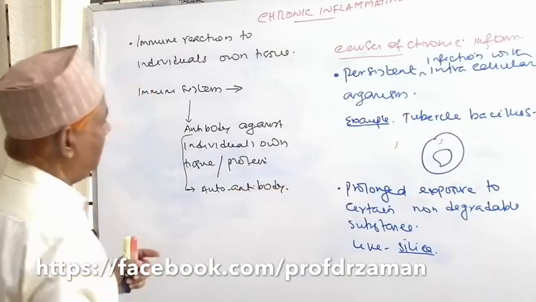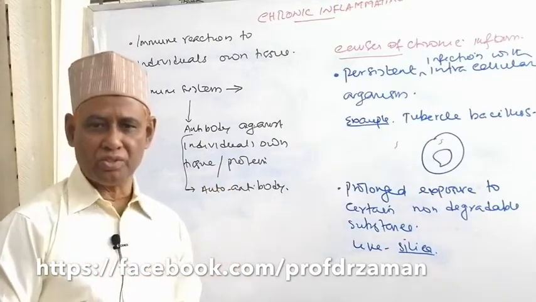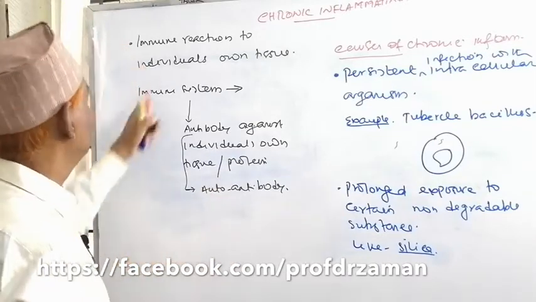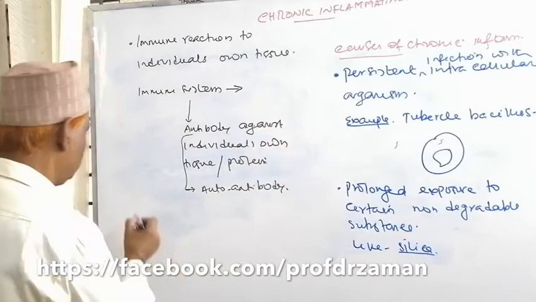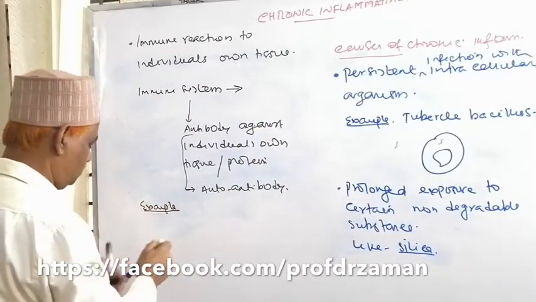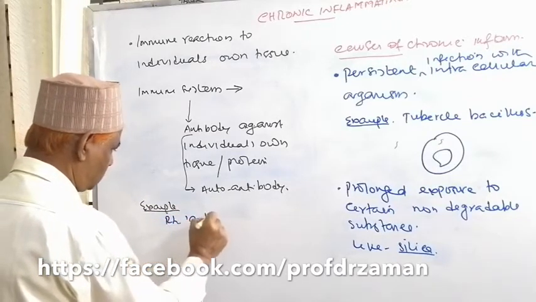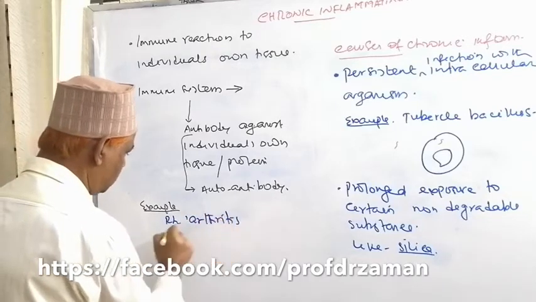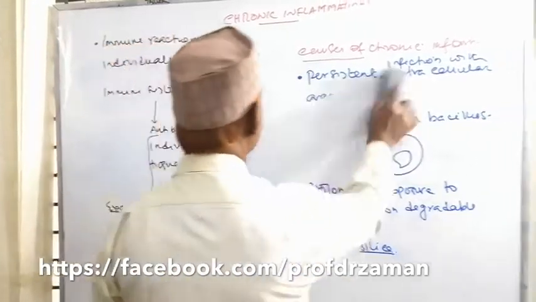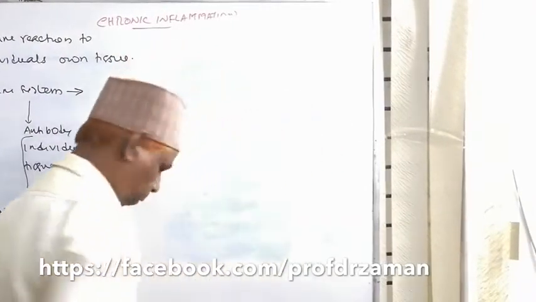The protein is treated as self-antigen, and so there is antigen-antibody reaction and it will lead to chronic inflammation. Example, rheumatoid arthritis. You know, rheumatoid arthritis is a chronic inflammation. So these are the causes of chronic inflammation.